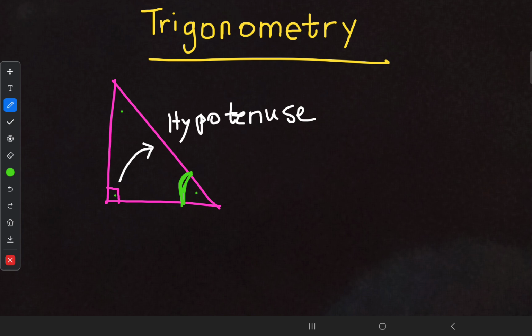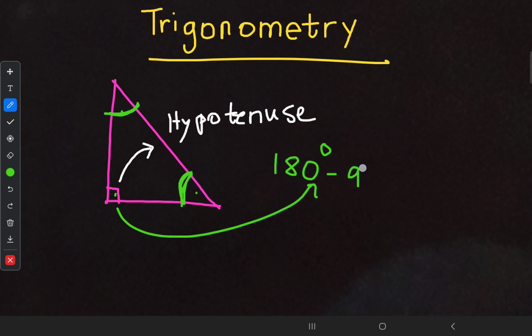One is 90, so when we subtract 90 from 180, the sum of the remaining two angles should be equal to 90 degrees.